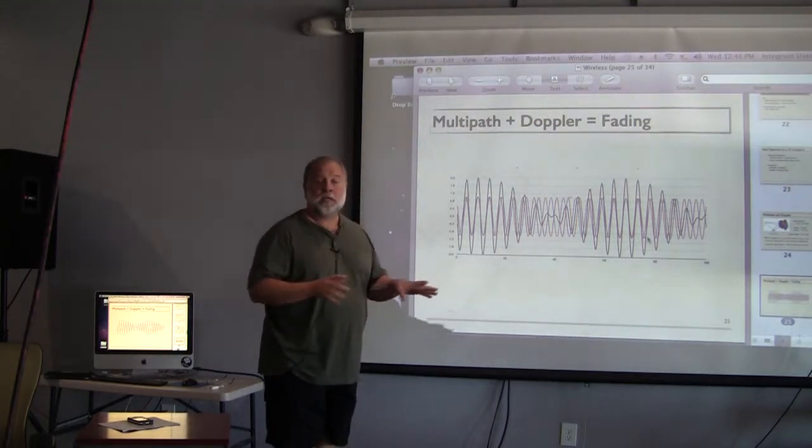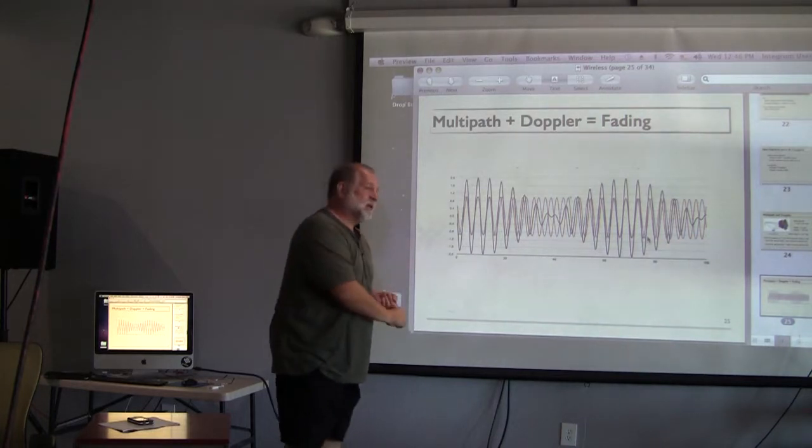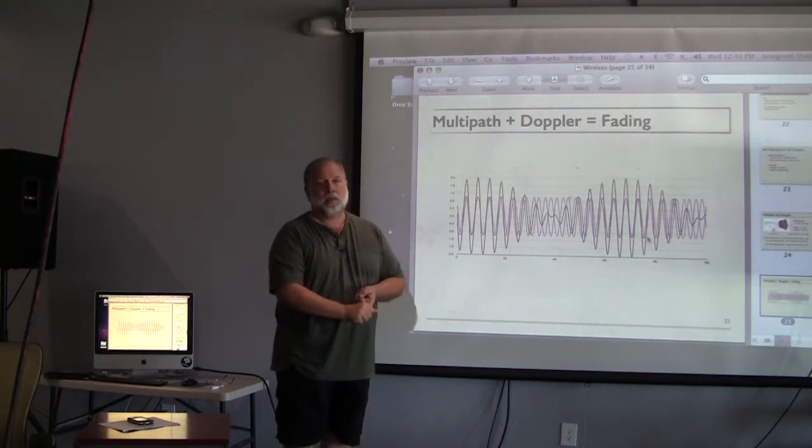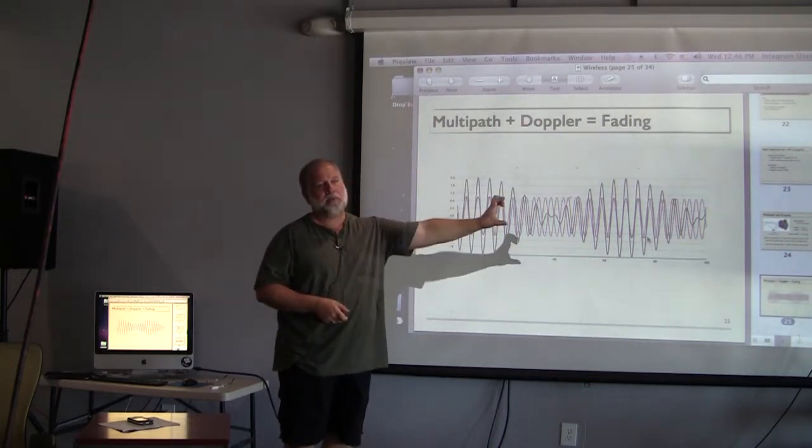For example, I mentioned that the analog systems used frequency modulation, because frequency modulation has a constant amplitude.